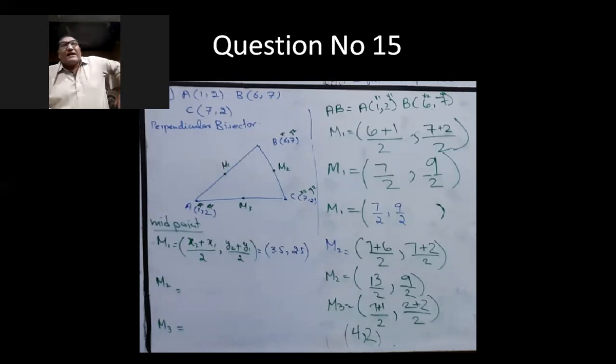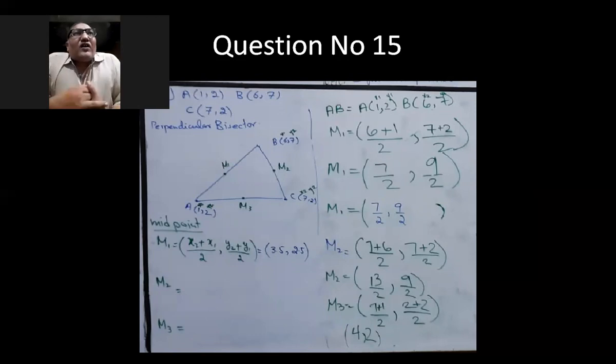The perpendicular bisector of AB will be a line which passes through the midpoint of AB and is perpendicular to AB. The perpendicular bisector of the BC side is a line which passes through the midpoint of the BC line and is perpendicular to BC. So we have to find out the equations of both of those perpendicular bisectors.